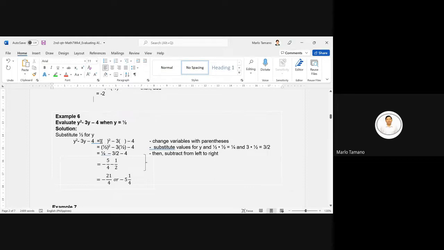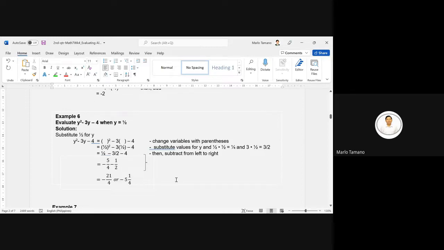Then after that, equal. Isipin niyo po, parenthesis dyan, squared minus 3 parenthesis dyan, minus 4. Change the variables with parenthesis. Then since the value of y is 1/2, ilagay na ninyo 1/2 squared minus 3, the value of y which is 1/2, minus 4.